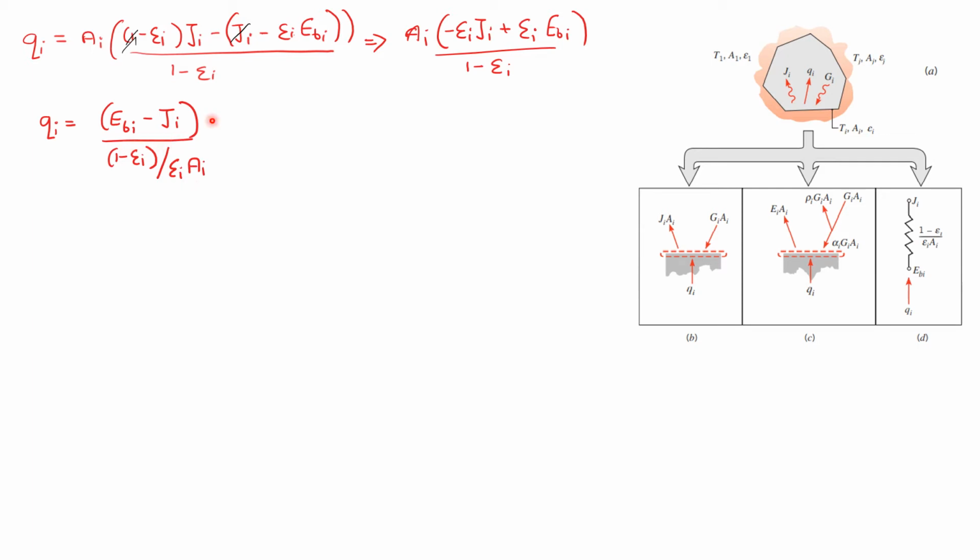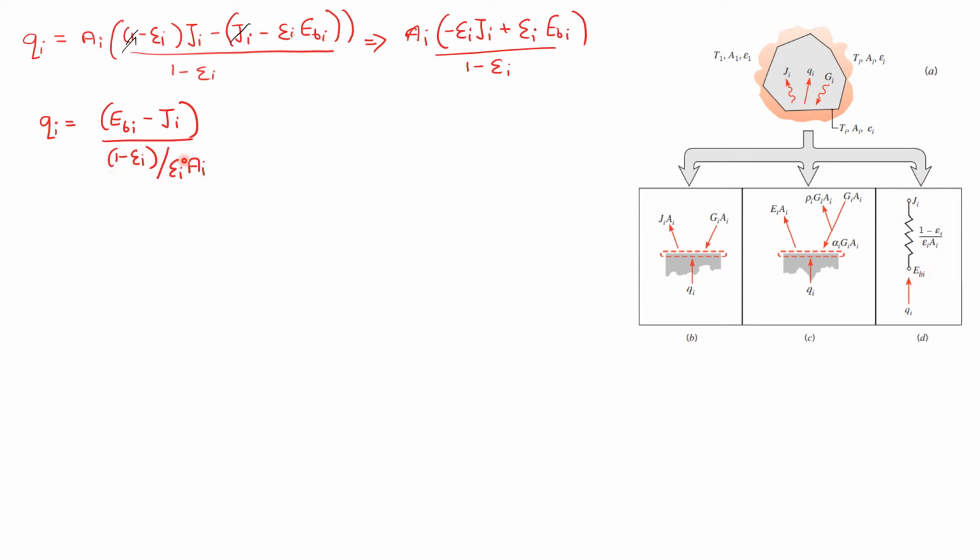So if you see, this is analogous to what we had for thermal resistances. We had temperature difference as the driving potential. So instead of temperature difference, we have Ebi and Ji as the driving potentials, and that's why we have shown Ebi and Ji in our circuit, or in our resistance diagram here.